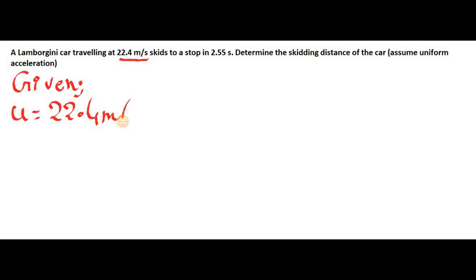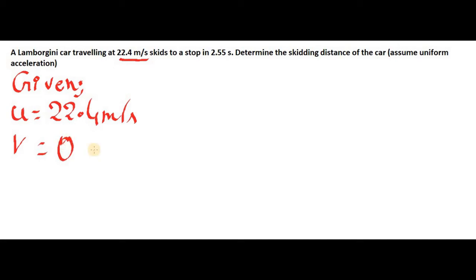is 22.4 meter per second. Now here we also know the final velocity. The final velocity would of course be 0, because when the car skids, the car should stop. So the final velocity will be represented as v, right? So v is equal to 0.